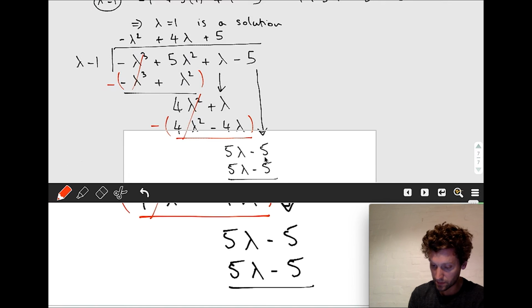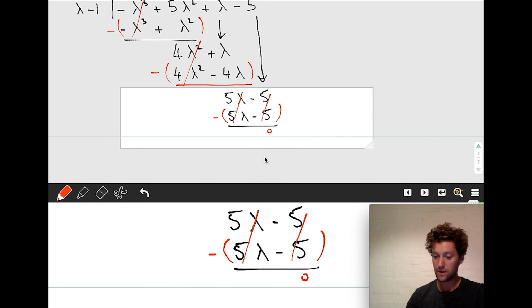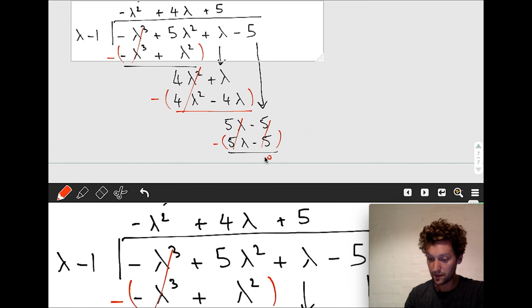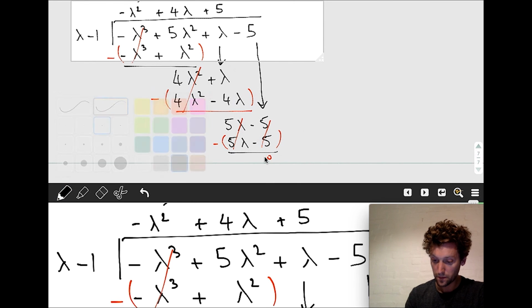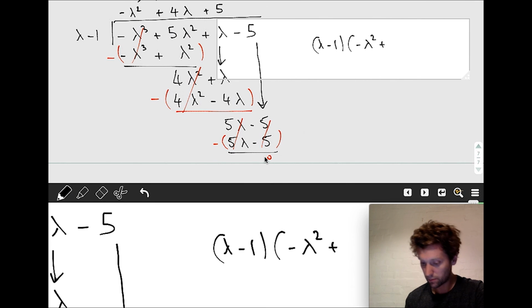Once again, I subtract those two pieces. This cancels and this cancels, and I'm left with 0. So this is an exact factor. It divides exactly in, there's no remainder, which means that my cubic equation can be written as lambda minus 1 multiplied by minus lambda squared plus 4 lambda plus 5 is equal to 0.